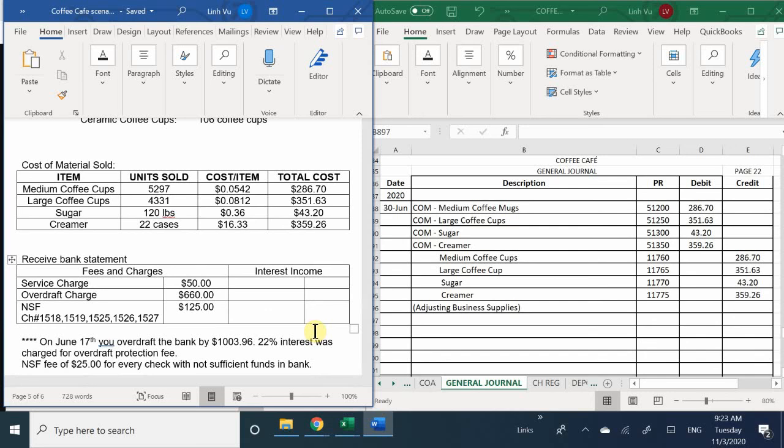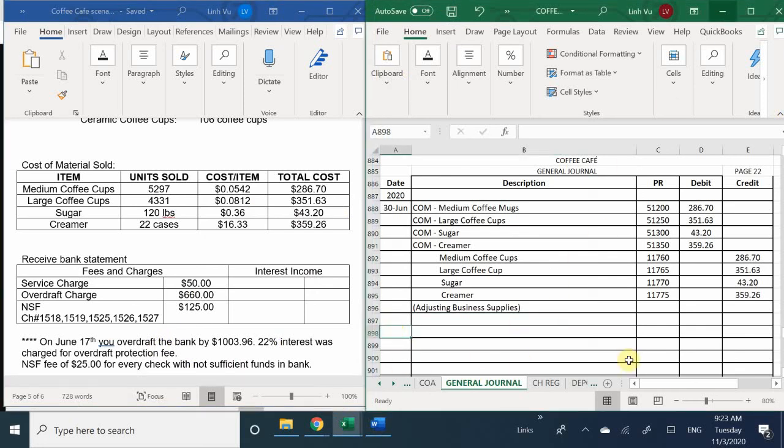Okay, that will be for our expense. So let's go ahead and look in our chart of accounts. Do we actually have an account specifically for this? Yes. What is it called? It should be service charge. I'm looking in operating expenses now.